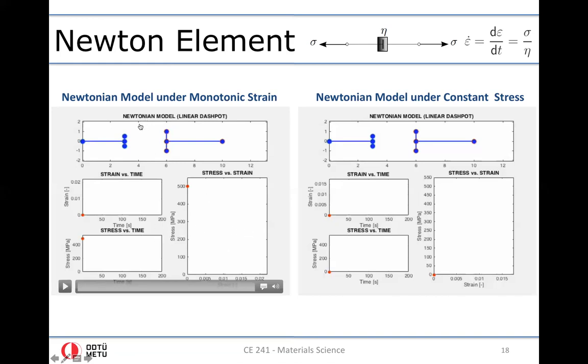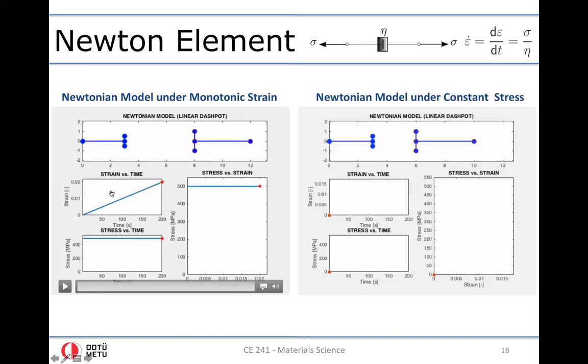In the first movie, we observe the response of the dashpot when it is subjected to monotonously increased strain. You see strain is increased linearly, and the dashpot actually separates, expands, and stress is constant.